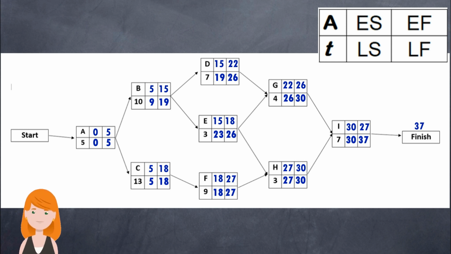So the slack for A is 0 minus 0, or 5 minus 5, which will be 0.